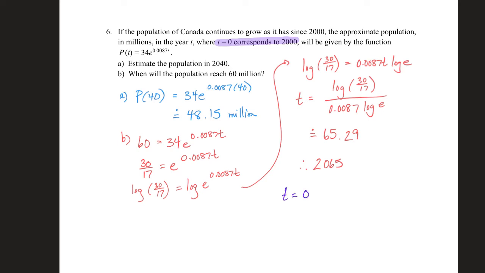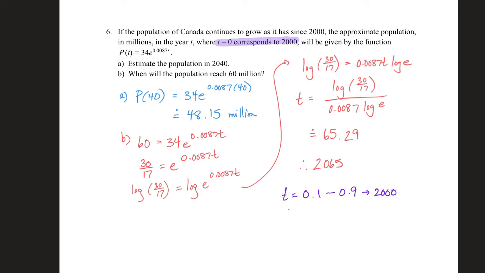The first thing that I'd want to mention is if we got an answer of, let's say, t equals 0.1 or anywhere up to 0.9, I hope that we can see that we have not completed one full year yet. And so that would still lead us to the year 2000. We're just at some span throughout that year.